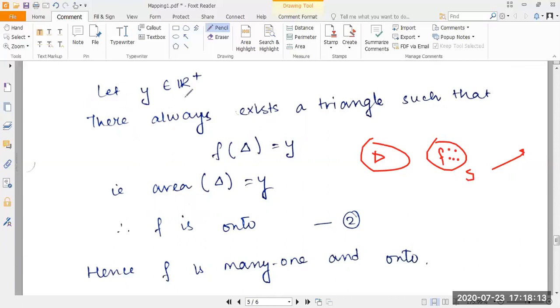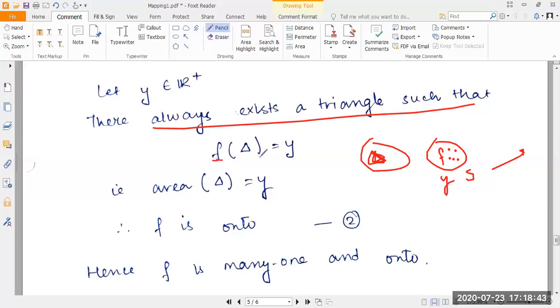So let y belong to the set of real numbers. Let us consider some real value y in the codomain set. As I mentioned before, there always exists a triangle such that the area of the triangle will be equal to y. So there will always remain one triangle whose area will be equal to y. If y equals 5, we will always have at least one triangle whose area is 5 square units.